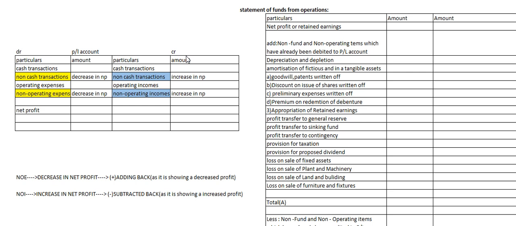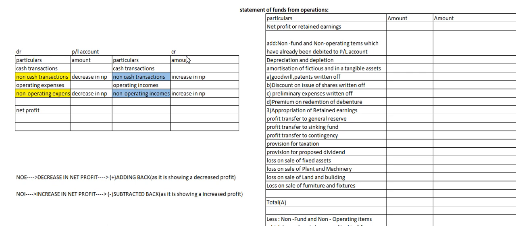So hence your net profit includes your cash and non-cash expenses, cash and non-cash incomes, and the same way operating and non-operating expenses and operating and non-operating incomes. Hence, we need to prepare a statement to ignore or to reduce back the added amounts respectively in order to come up with the resultant figure of only the funds raised or earned from the operating activities.